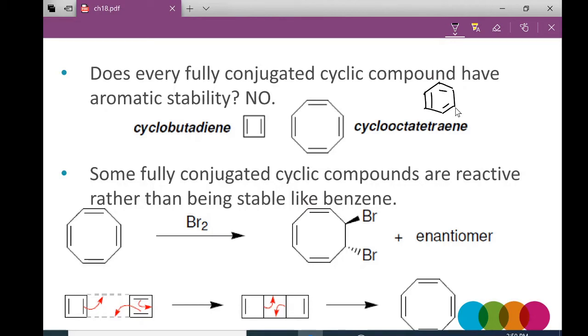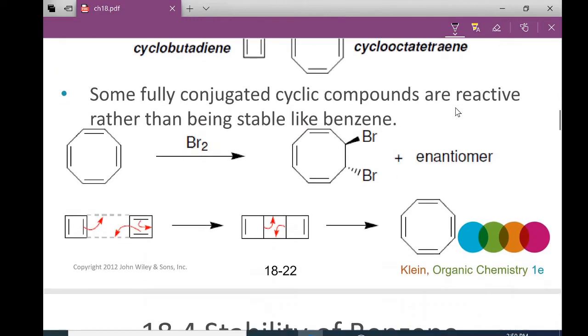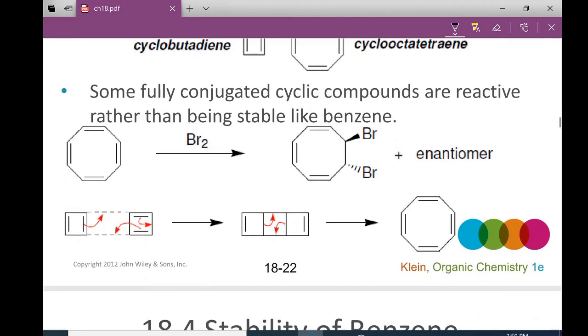Take, for example, cyclobutadiene and cyclooctatetraene. These molecules will actually quickly undergo an addition reaction with bromine, to give us a molecule where the bromine adds across one of those double bonds. And in fact, cyclobutadiene is so reactive that it reacts with itself to form a dimer in a Diels-Alder reaction.